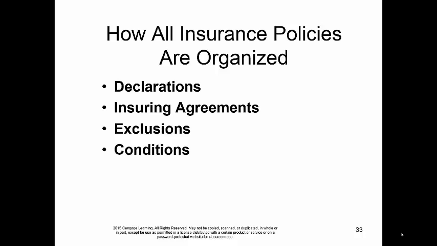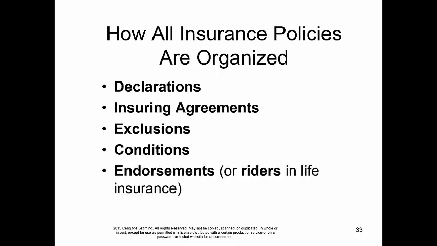Conditions place obligations on the insured and the insurer that are requirements of the policy. They might lay out cancellation provisions, prohibited behaviors, and so forth. And then finally, endorsements or riders, which are simply amendments to the policy.